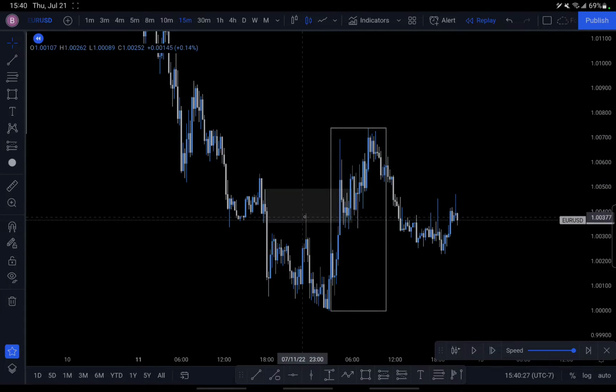Price did come test my supply zone before breaking down and then breaking above it into the supply zones up here.